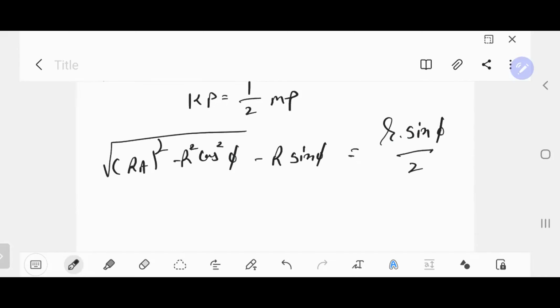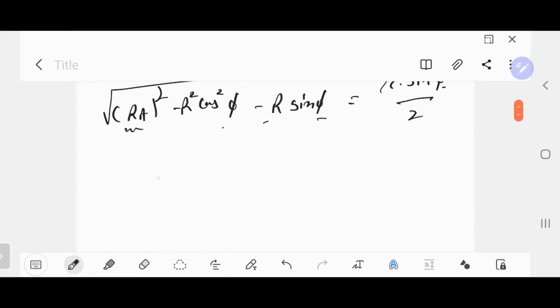MP is equal to R sine phi, so divided by 2 means 1 by 2. In this equation, do we have the radius small r and capital R? Yes, we have. We have the pressure angle phi. What we don't have is RA. So by solving this equation from both sides, we will get the answer of RA.